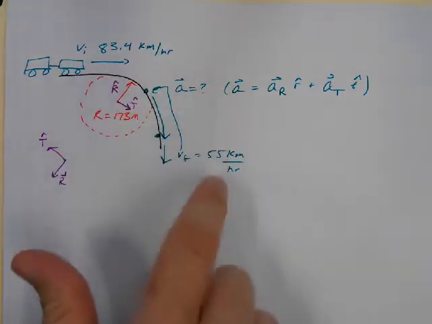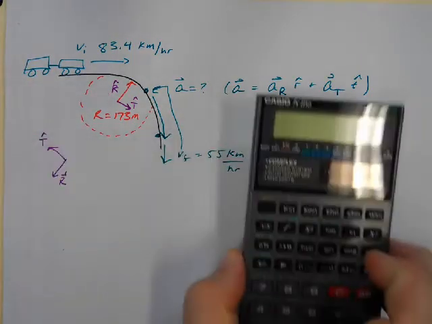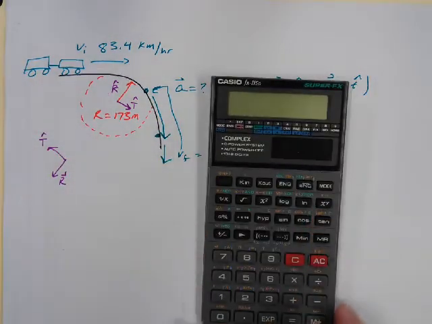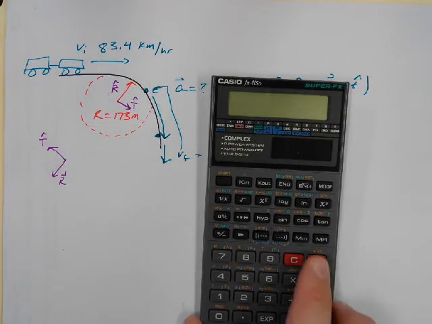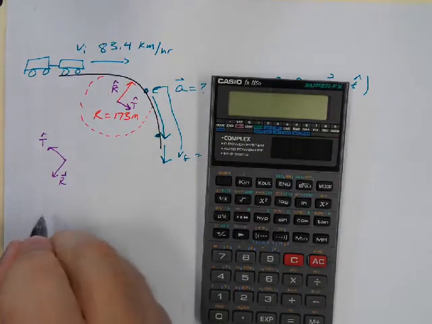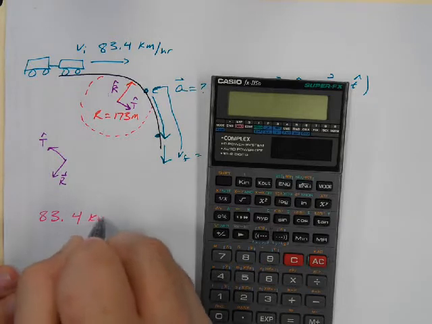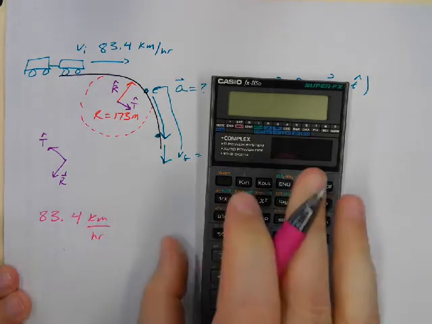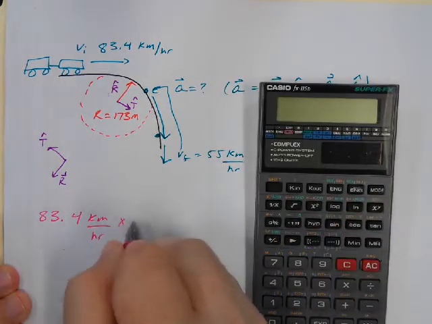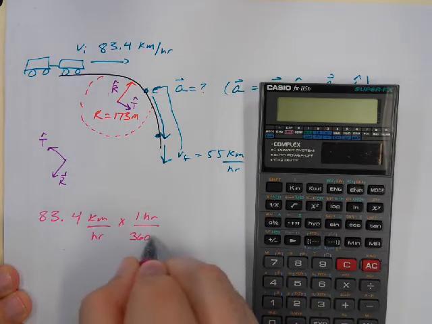We do need to figure out what these velocities are in normal units for us, and so we'll do that. Our unit conversion here we're going to do in pink. All right, we'll do 83.4 kilometers per hour. Right. And then we're going to do times 1 hour is how many seconds? 3,600 seconds.